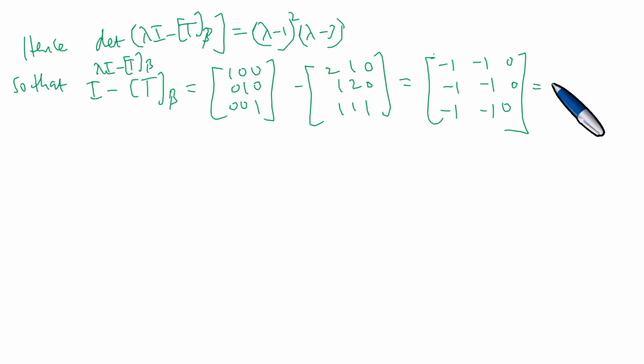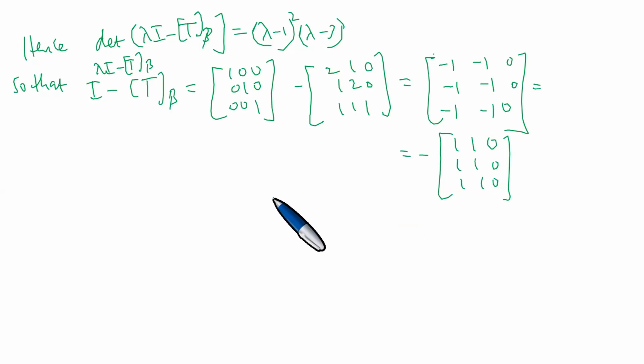This is exactly minus, right here, minus into 1, 1, 0, 1, 1, 0, 1, 1, 0. And it follows that.